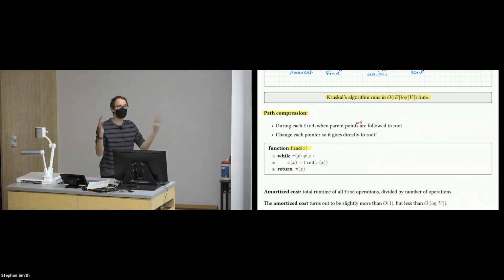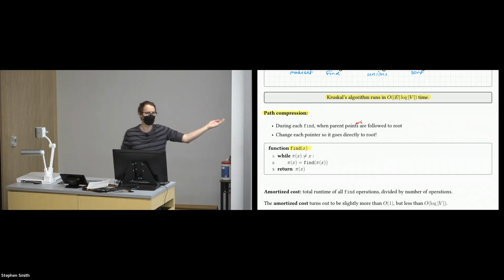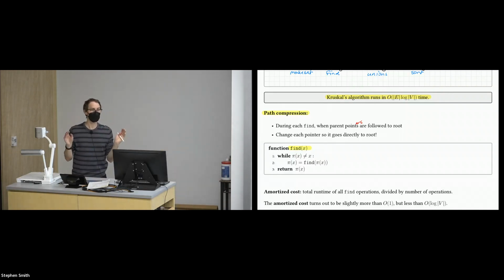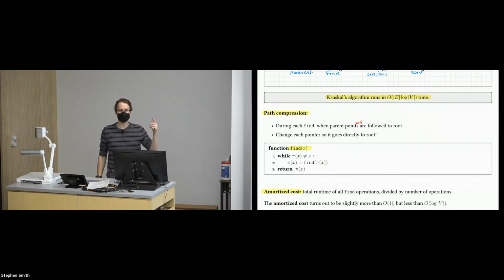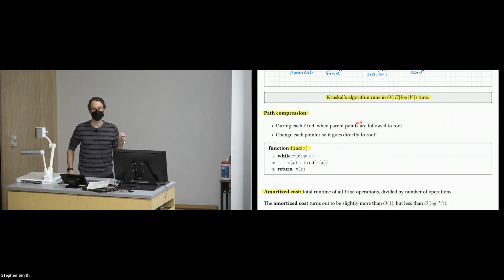It's kind of a practical thing, a no-brainer to do if you're implementing this, because it's the same length of pseudocode, and yet it actually helps. In terms of asymptotic runtime, it doesn't really help that much in terms of our analysis, but it's a practical improvement. If you look at the amortized cost, which is the total runtime I spend across all find operations divided by the number of times I call find, for the original find, of course, that would be log V, because that's the work per find.